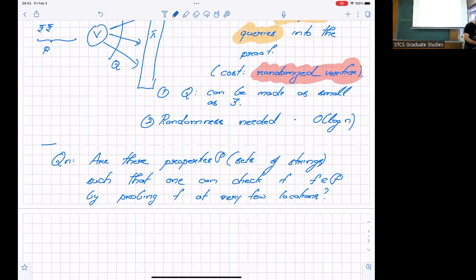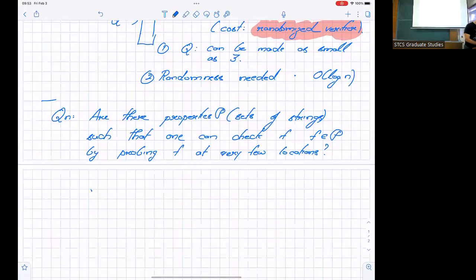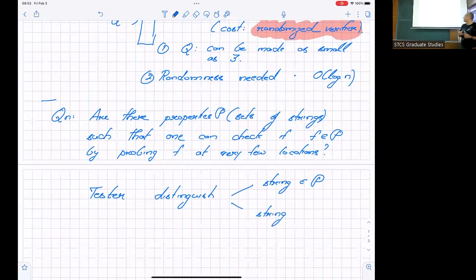So you want this tester to distinguish strings in the property from strings, and I can't say strings not in the property, because a string in the property and a string not in the property might differ only at one bit. It's impossible to catch this. So we will relax our goal and say strings far from the property.